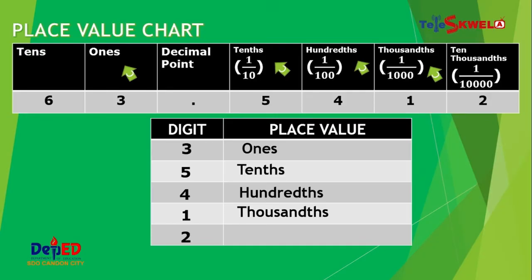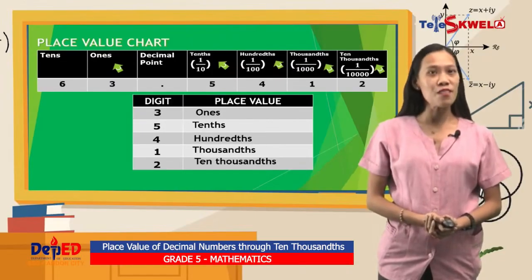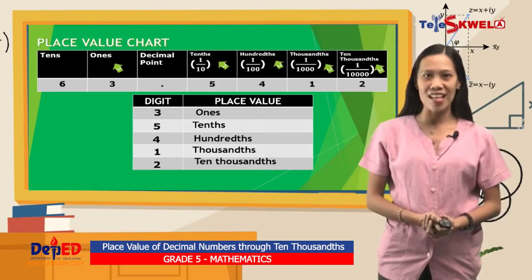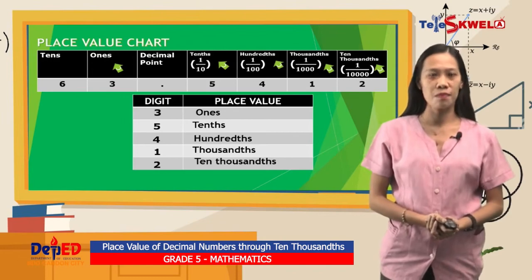And our last digit 2, where is it located in the chart? 2 is in the 10,000ths column and its place value is 10,000ths. Just remember that the place value determines or tells the position of a digit in the place value chart.